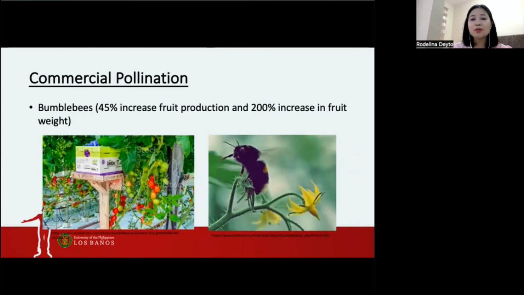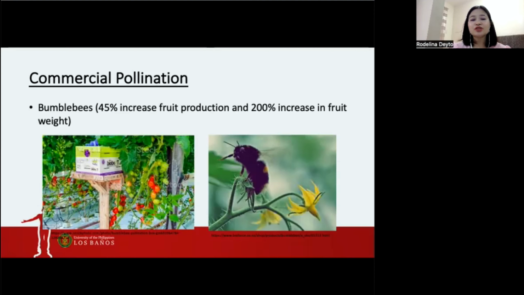Honeybees are the most commonly used as commercial pollinators, but a recent report states that 46% of managed honeybee colonies were lost due to infectious diseases. There are also crops that are not pollinated by honeybees. Bumblebees are the primary pollinators used for greenhouse-grown crops such as tomatoes, eggplants, and peppers.